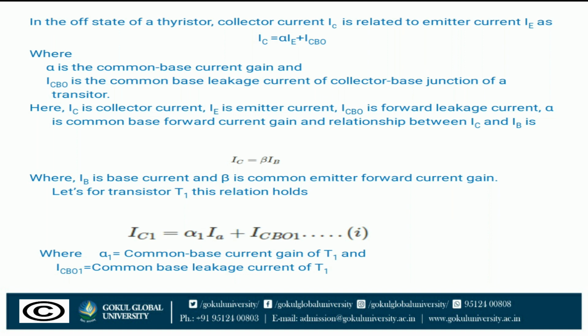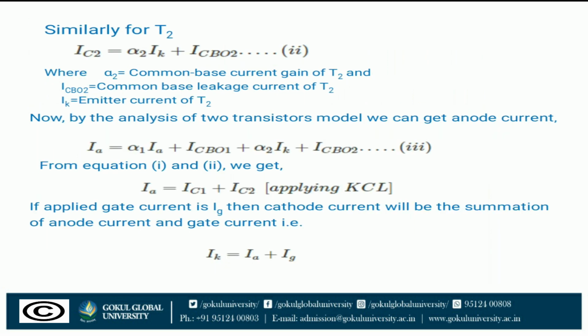Therefore, for transistor 1, IC1 is equal to alpha 1 IA plus ICBO1. Let us call this equation number 1. In this equation, alpha 1 is the common base current gain of transistor 1 and ICBO1 is the common base leakage current of transistor 1.